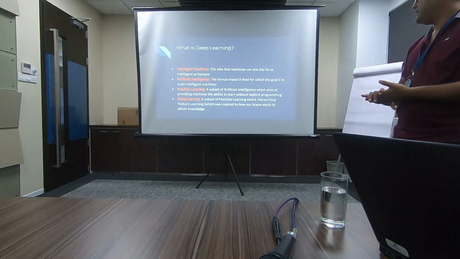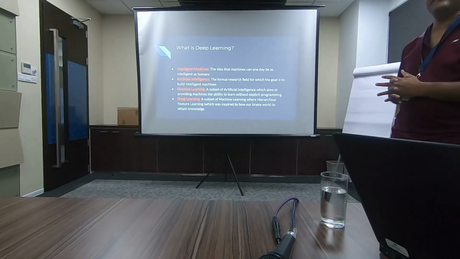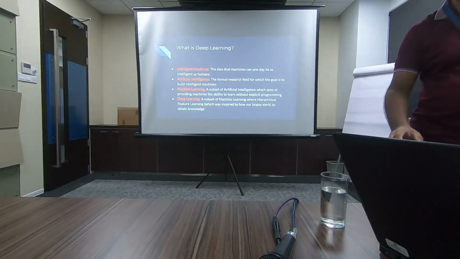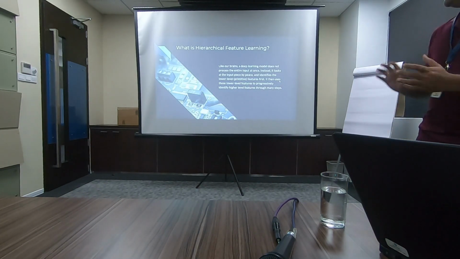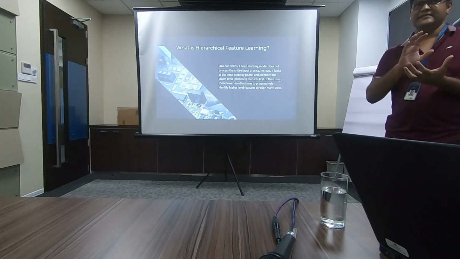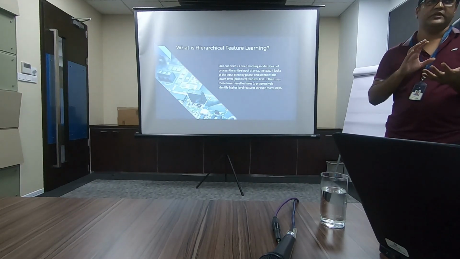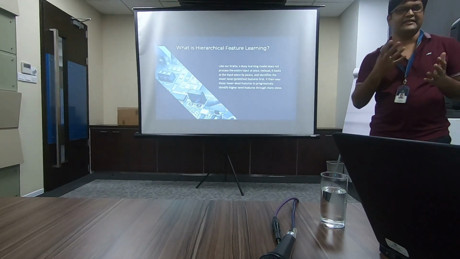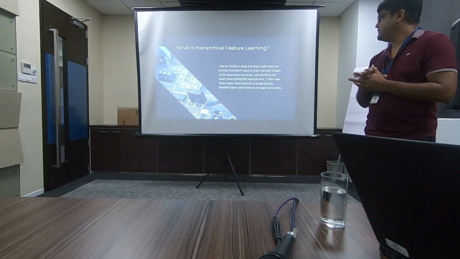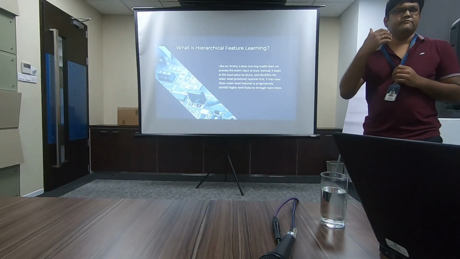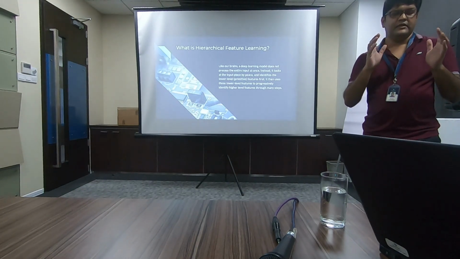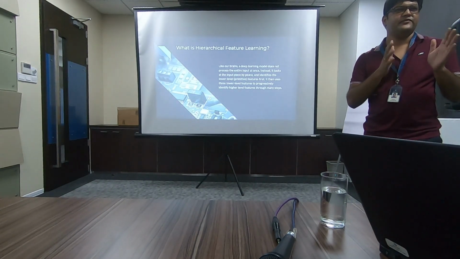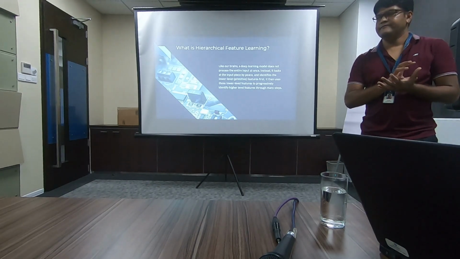So I talked about deep learning and hierarchical feature learning. So what's hierarchical feature learning? Our brains, human or even other living beings, as we have found out, when presented with some data, some input, don't process the entire thing at once.